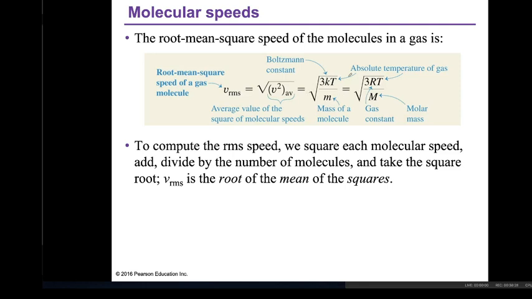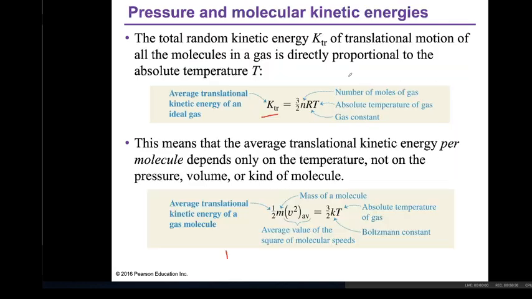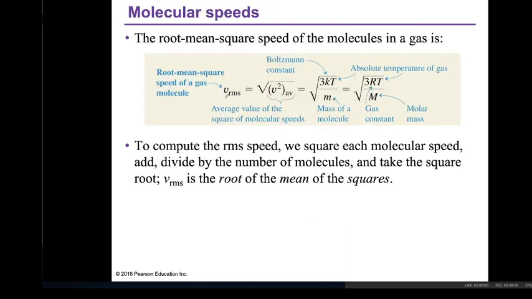This is from the previous equation. From the previous equation, you can get this equation. And finally, v equals this number. To compute the root mean square speed, you can use this equation.